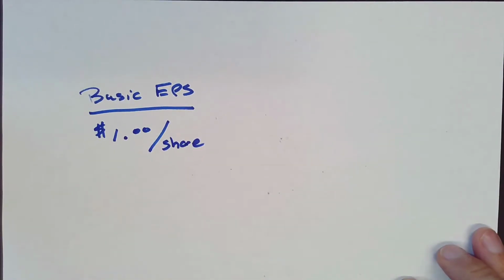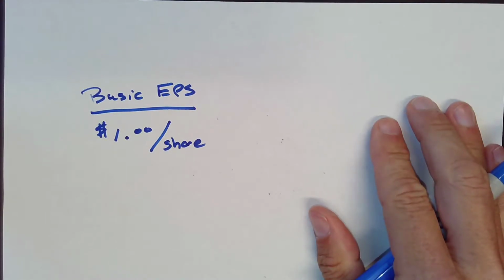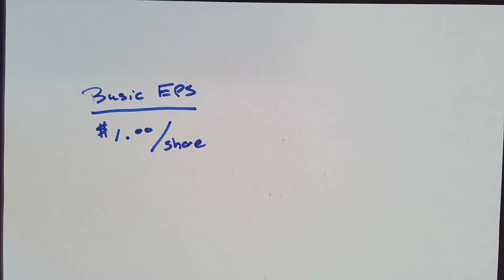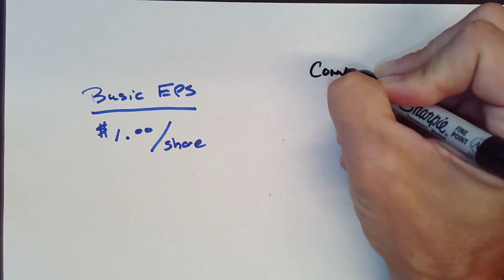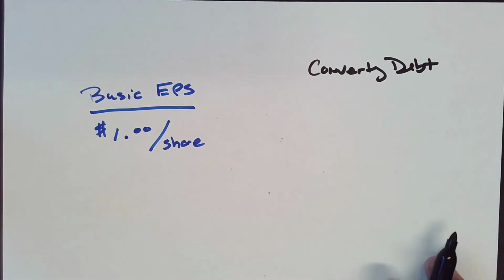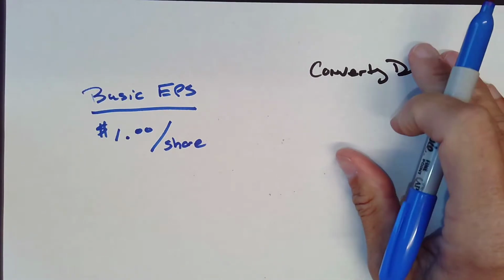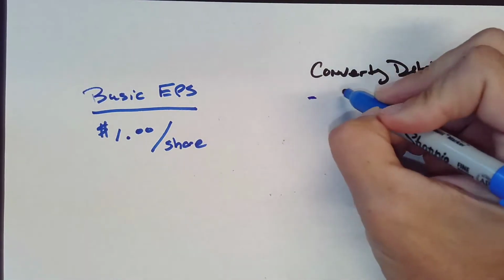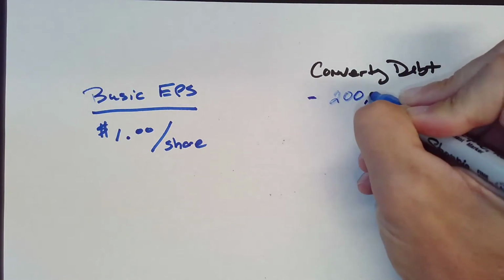Okay. Now, I have a conversion, right? And that conversion, let's say we're converting debt. The amount of interest that was charged during the year was $200,000.